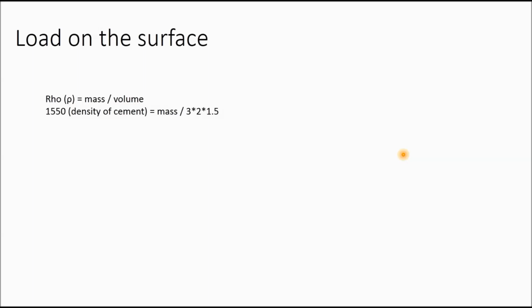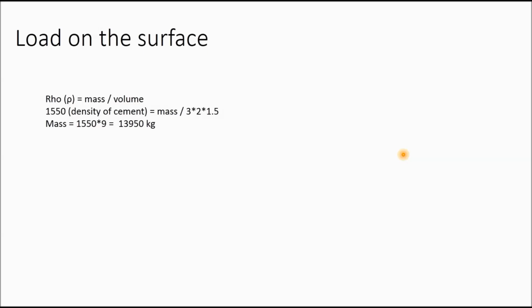Then I convert the volume from centimeter to meter, it is 3 into 2 into 1.5. Then the mass comes to 1550 into 9. If you multiply it, you will get a mass of around 13,950. Wow, it is easy to calculate.